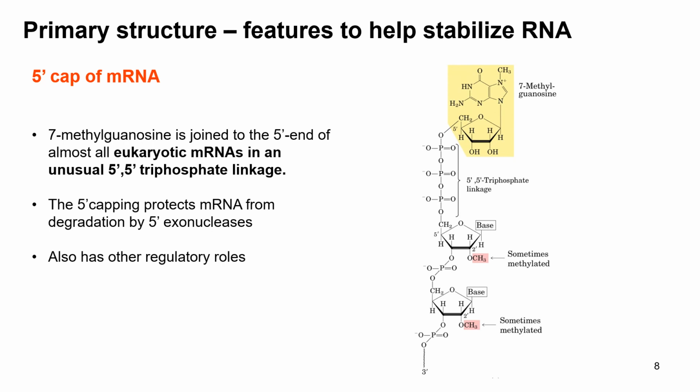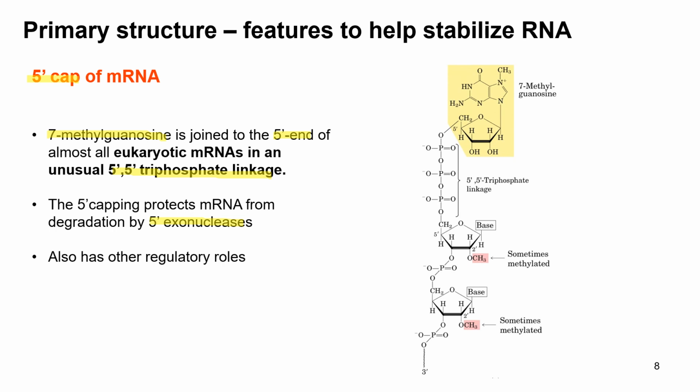First, degradation of mRNA by 5' exonucleases is prevented by having a protective 5' cap. The cap structure is found in almost all eukaryotic mRNAs and is formed by adding the modified nucleotide we saw earlier, the 7-methylguanosine, to the 5' end of the mRNA molecule through a 5' to 5' triphosphate linkage.